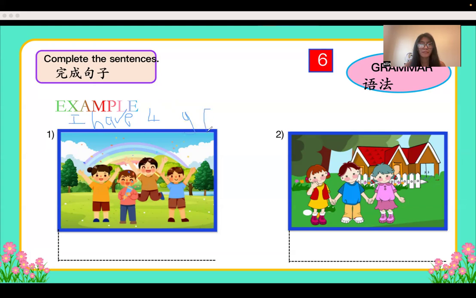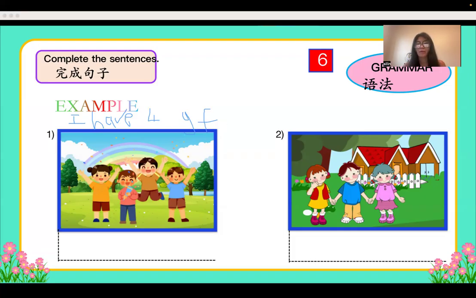Not girlfriend, it's good friends. So 我有4. Remember, you need to put 个 inside. So 我有4个. How to say good? 好 and friend. 朋友. So 我有4个好朋友.